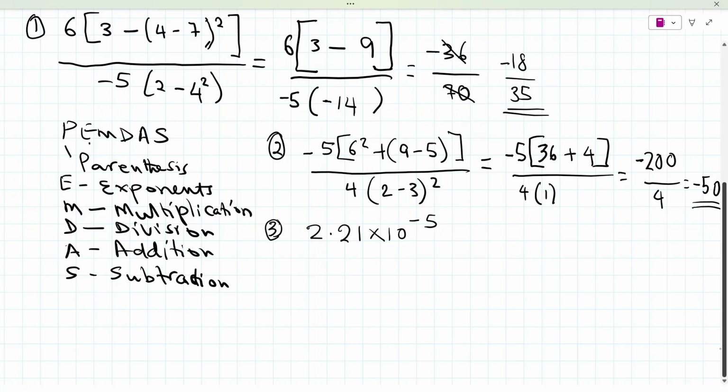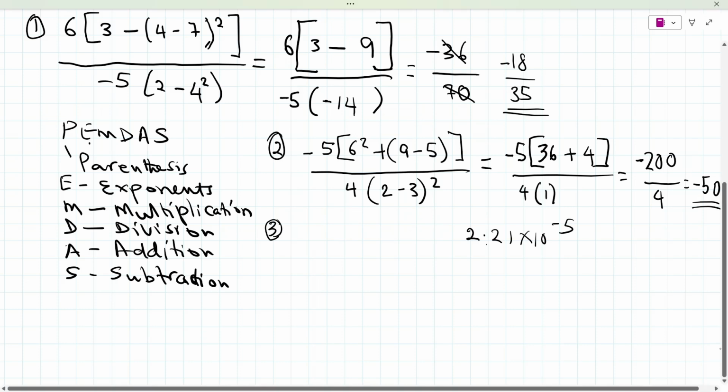So we need to move this decimal point to the left. Actually, let me rewrite this number down here, 2.21 multiplied by 10 to the power minus 5, and we erase this one out.